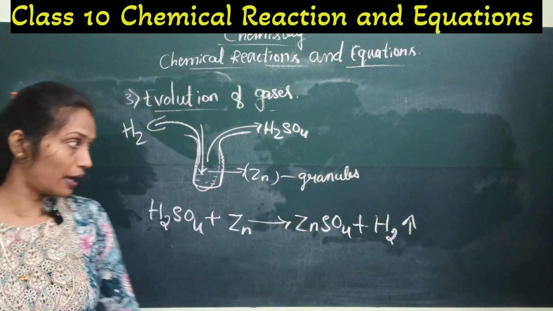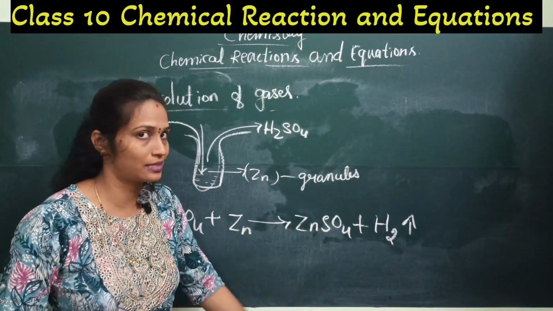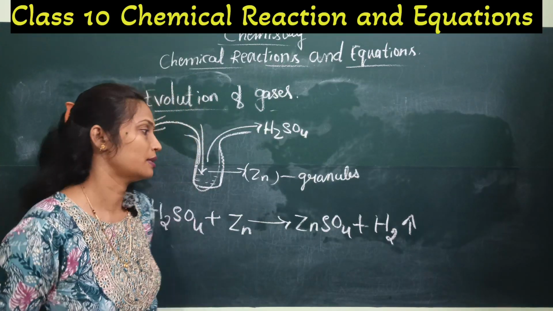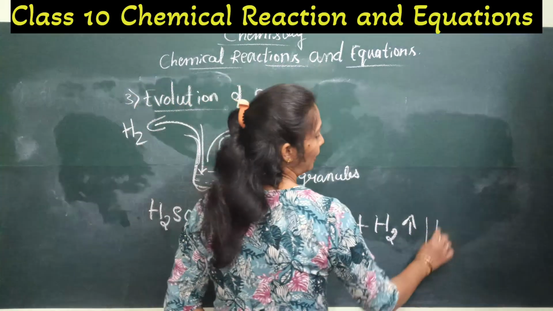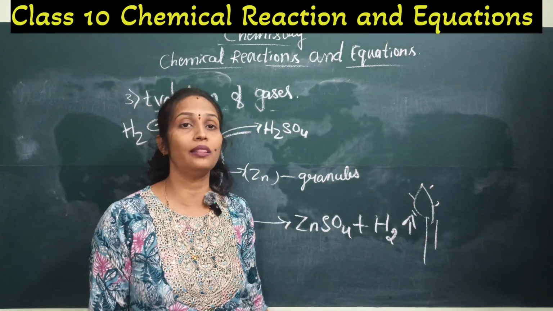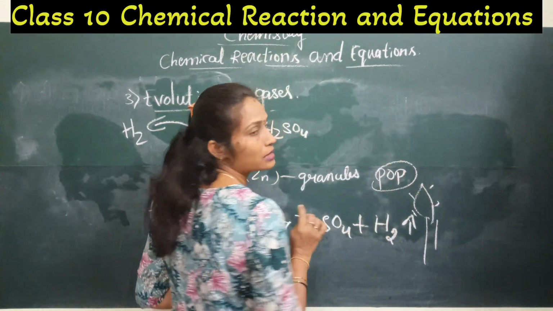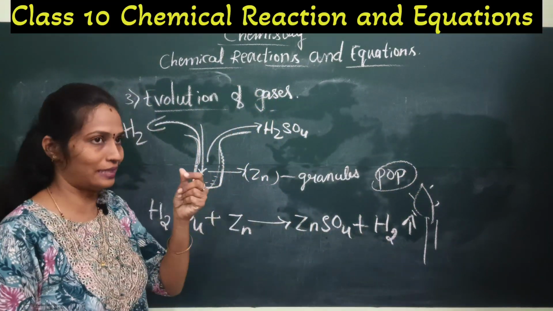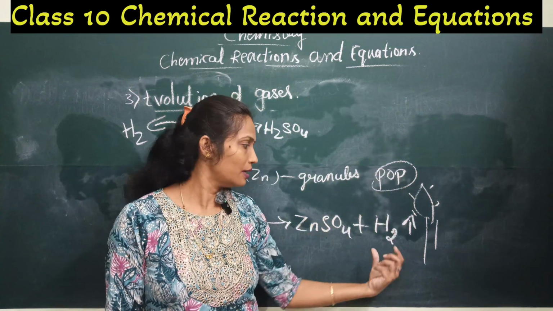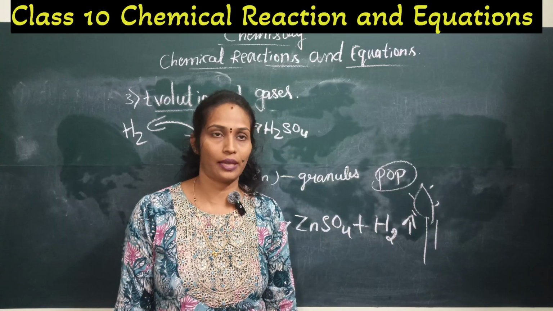How are you going to identify that hydrogen gas is released in this reaction? Just remember from your 8th standard, by using a burning candle. If you take it near the burning candle, a pop sound appears, like a crackling sound, when you take the candle near the hydrogen gas.